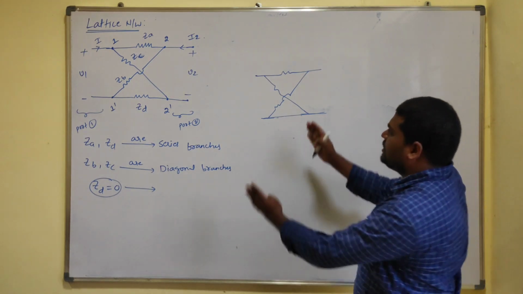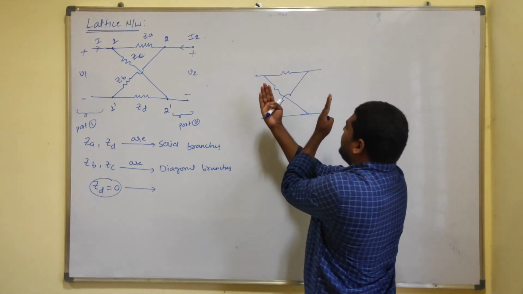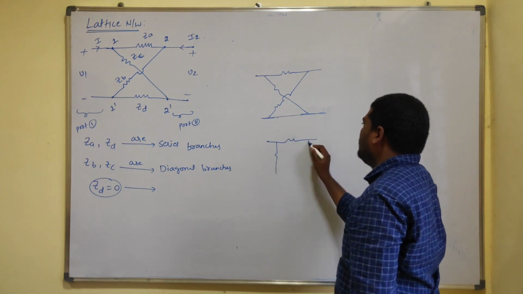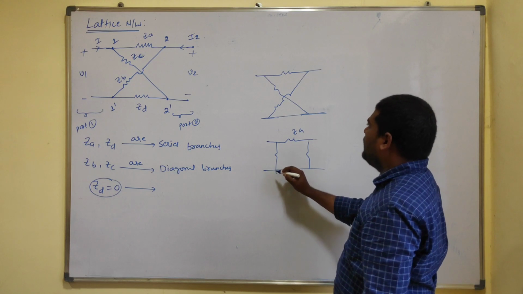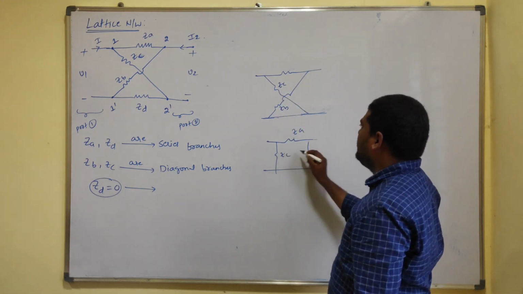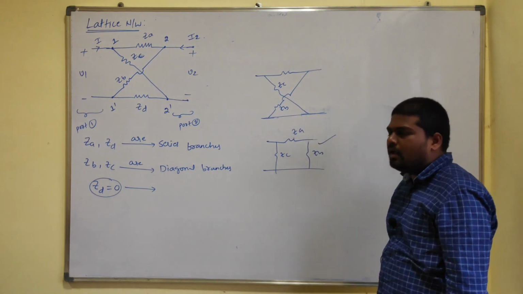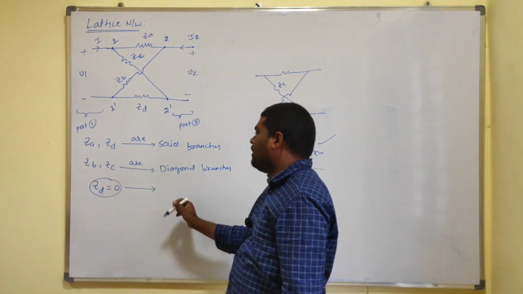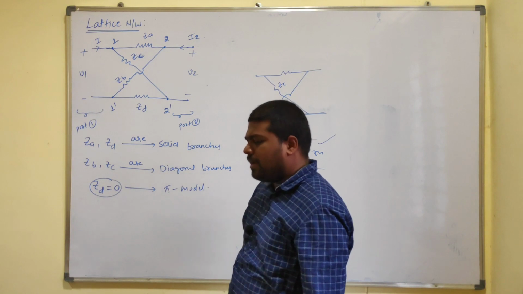So just twist the circuit like this, and you will get this: ZA, ZC and ZB. The network looks like a pi model. So when you consider ZD equals 0, the circuit becomes a pi model.